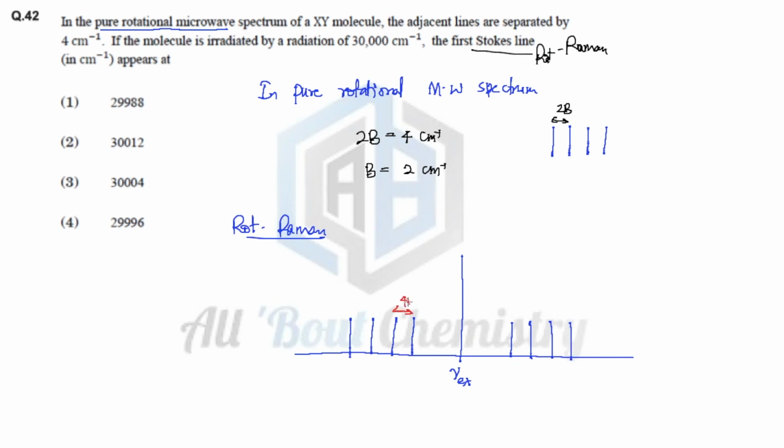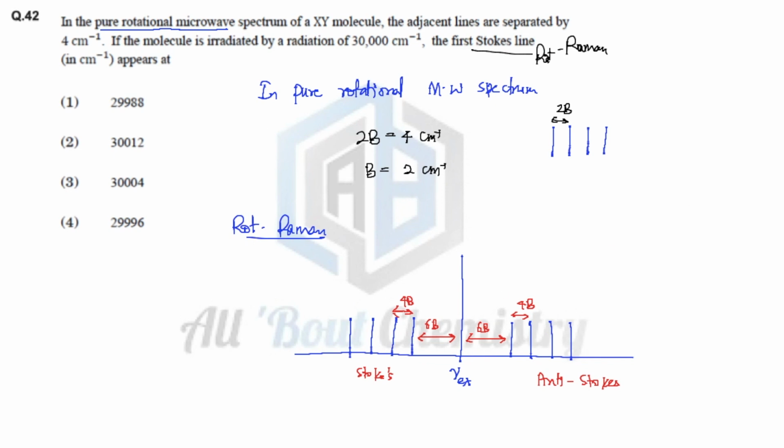The distance will be 4b over here, and these are your Stokes lines, and these are anti-Stokes lines, also separated by 4b distance. And the first Stokes line is actually at a distance of 6b from your Rayleigh line. Similarly, the first anti-Stokes line is also at a distance of 6b from the Rayleigh line.